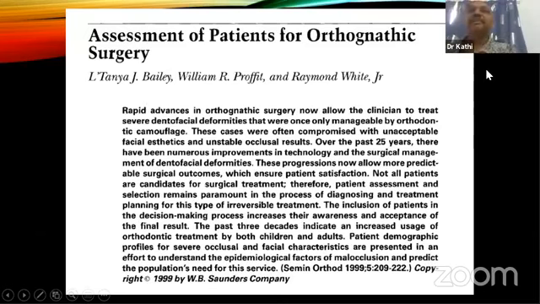So I would encourage everybody to have a look at this paper. This paper gives a good overview of how we assess patients for orthodontic surgery. Many of my students and doctors ask me how they decide whether this patient is suitable for surgery or suitable just for orthodontics. No doubt, patients don't really like surgery.